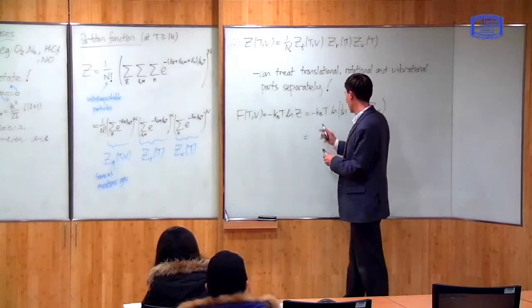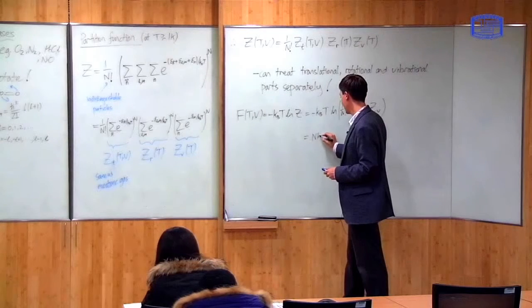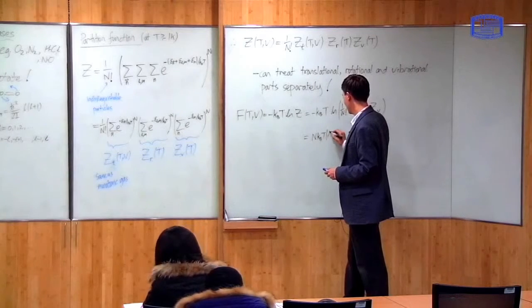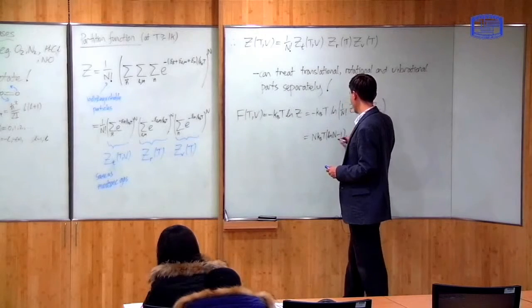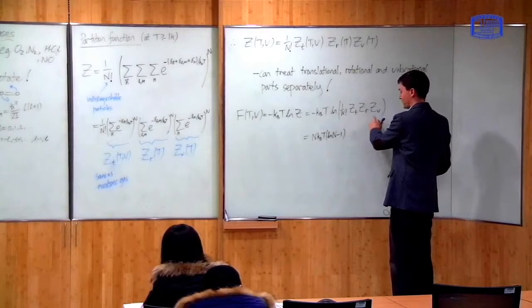The first term I can use the Stirling approximation, the minus and the log just give me log of n factorial, so this is N kBT (log N minus 1). That's from this. And then the last terms are just log of this, log of this, log of this.